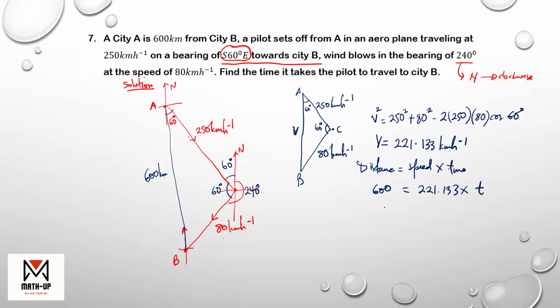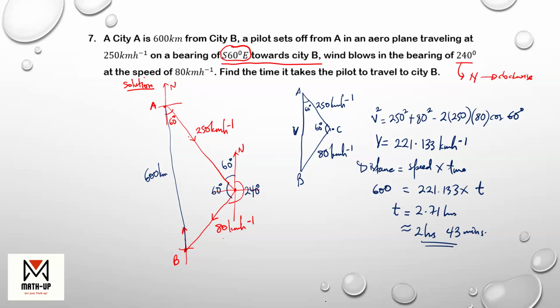So they're asking for the time it takes the pilot to travel to city B. So it would be 600 divided by that, and that would give us 2.71 hours, which is approximately 2 hours and 43 minutes. Yeah, and with that, we have done number 7.